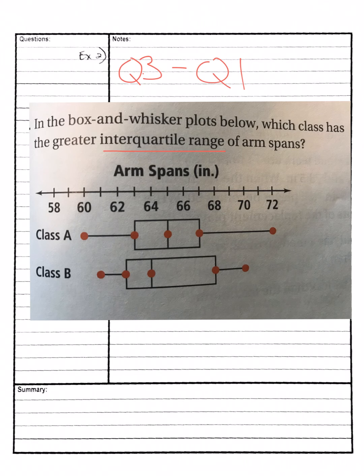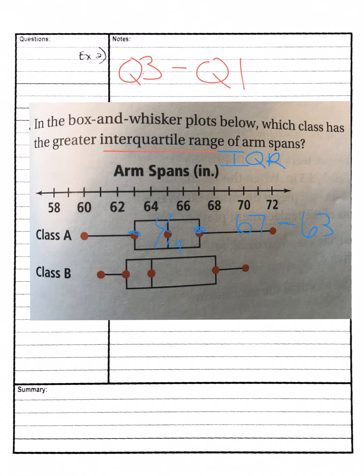So let's look at quartile 3. It would be located on class A right here, which would be 67. To find our IQR, another way of saying interquartile range, we would take 67 and take away Q1, which is located at 63. It's our arm span, and that difference is about 4 inches. So this one is 4 inches. That would be the IQR.